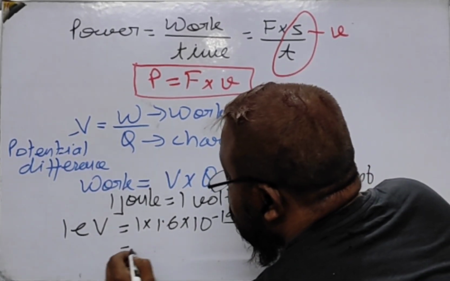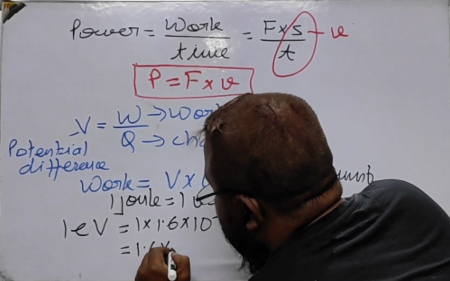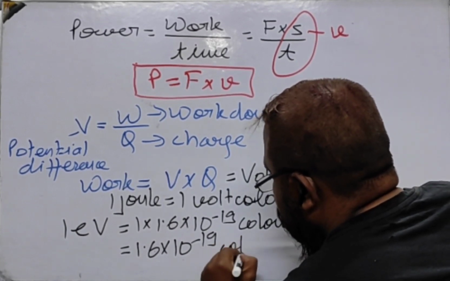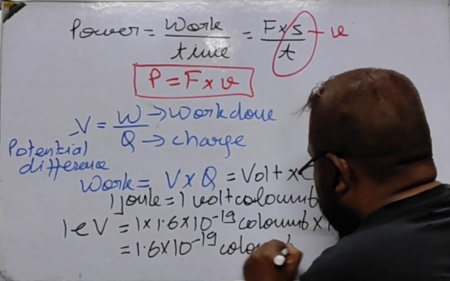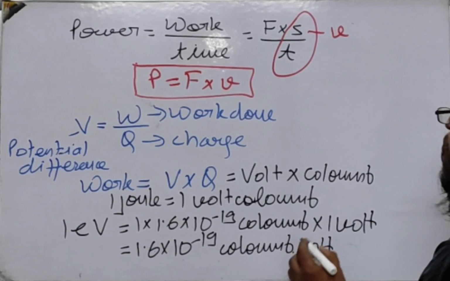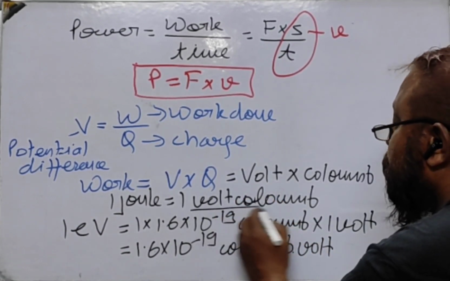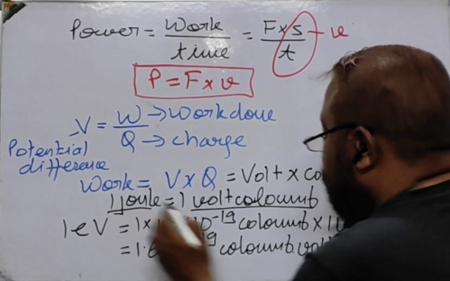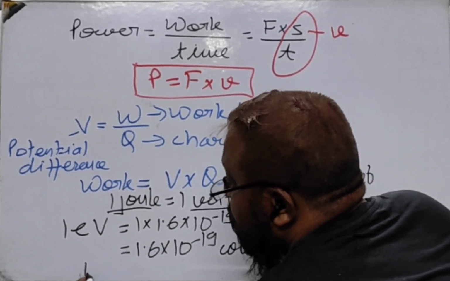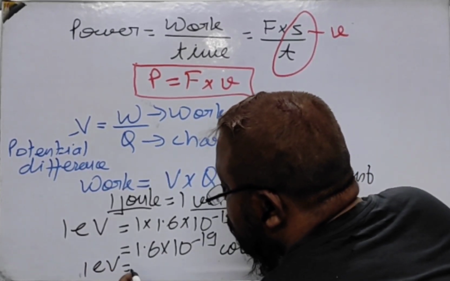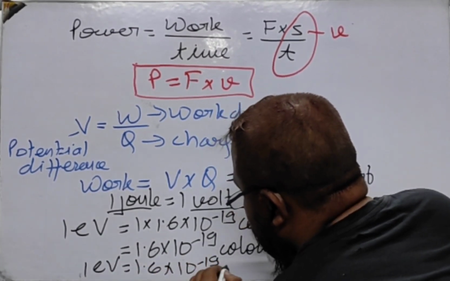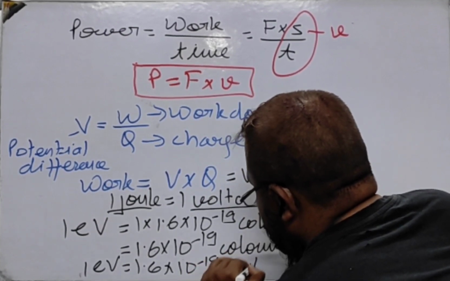So we can write it 1.6 into 10 to the power minus 19 coulomb volt, and that is equal to 1 joule, right? So we can write 1 electron volt is equal to 1.6 into 10 to the power minus 19 joule. Ready?